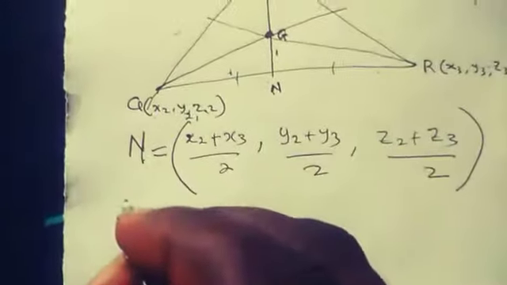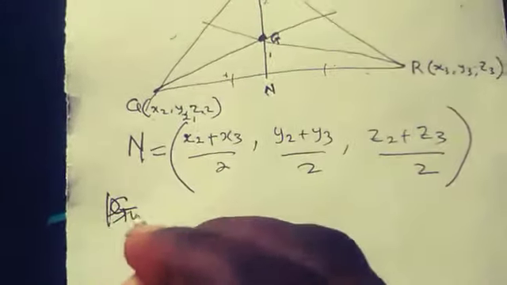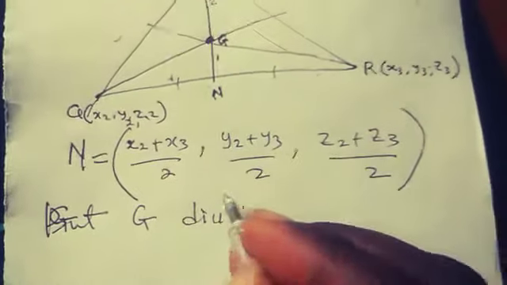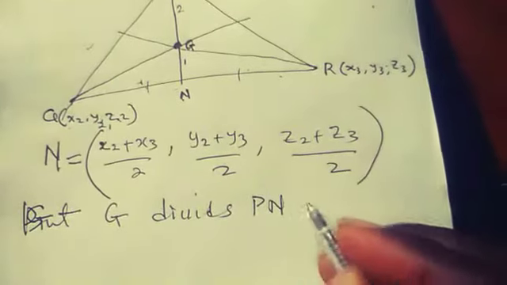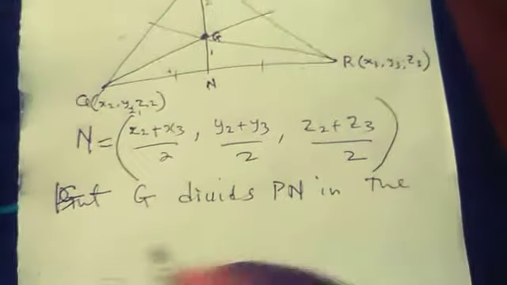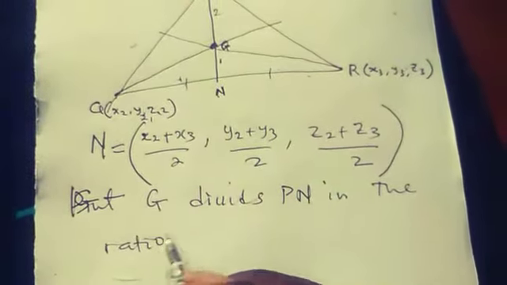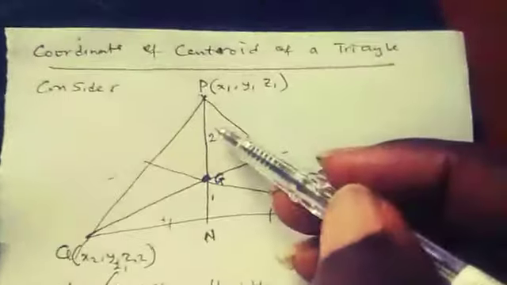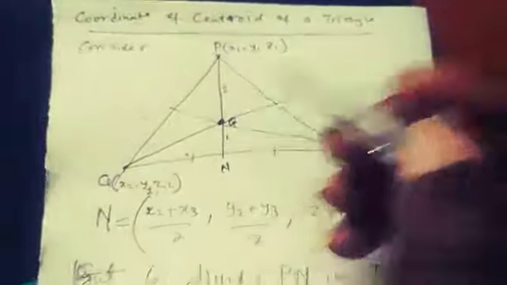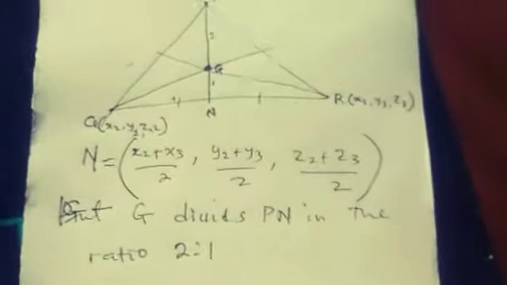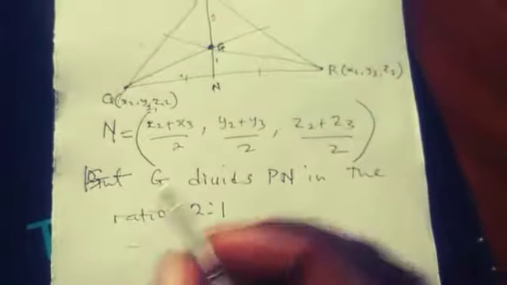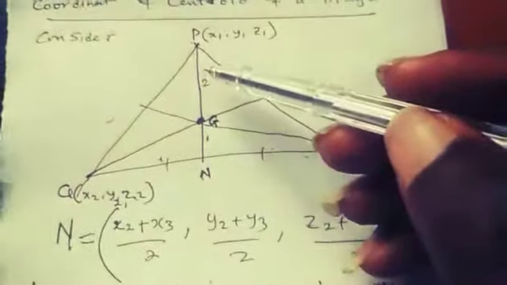Now, we know that G divides PN in the ratio 2:1, as we have done. It divides this in ratio 2:1. So from this place, what we do is we use the formula for division of a line segment.